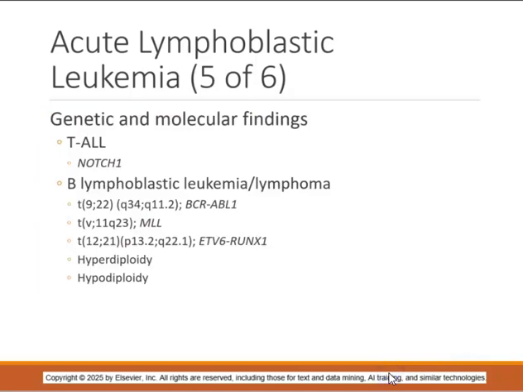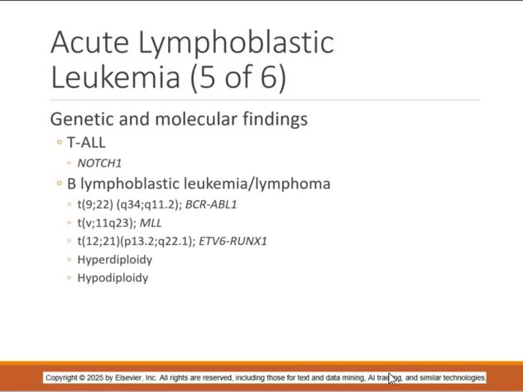Now here's some molecular things that we see, and we'll go into those a little bit as to what each of them are. The genetic for T-ALL is a Notch1 type of molecular finding. Again, when they make these diagnoses, it's a combination of the morphology, all the patient's clinical features, physical assessment, molecular findings, cytogenetics, immunophenotyping. All this is done.